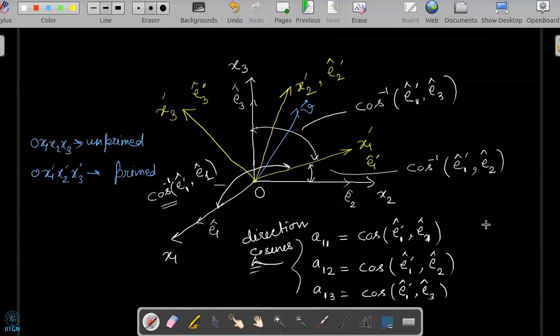Now we will rotate this coordinate system, or have a new set of coordinate system x1 dash, x2 dash, x3 dash. Now our components will be different, as they should be, because we have rotated it. If I am finding some invariant, in the case of a vector, the magnitude, we will see a simple example in tensors when we study the concept of invariants. Let's consider the vector v.